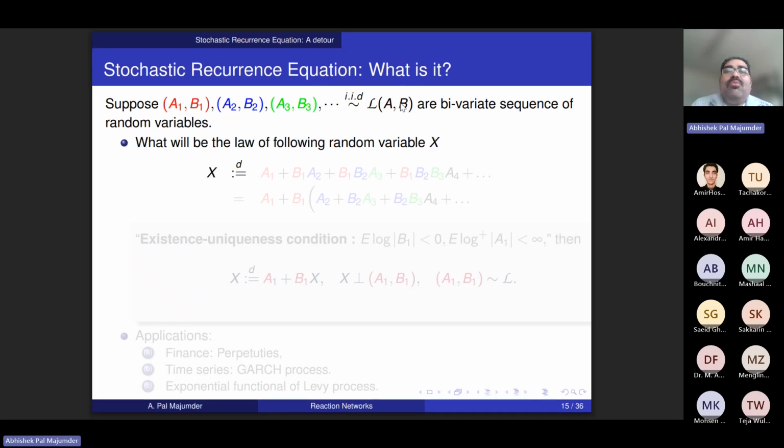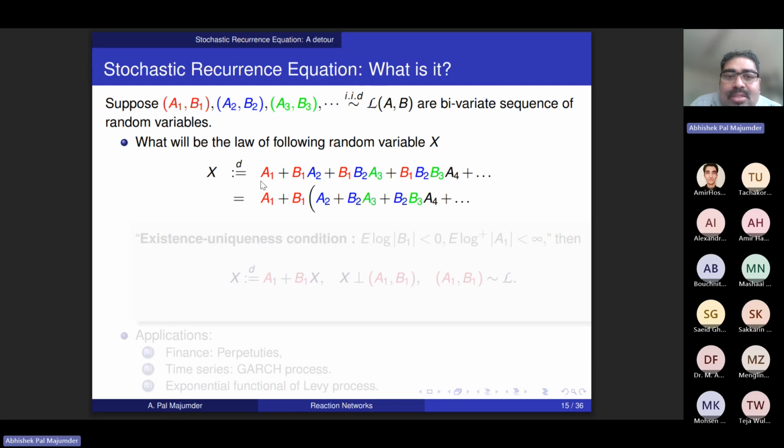What will the distribution of this random variable x be equal to? That is the question I'm starting to ponder. If I write this in this form, you can see that from the second term onward, b1 is a common term, and x is defined by this random variable that is defined by this particular sum.